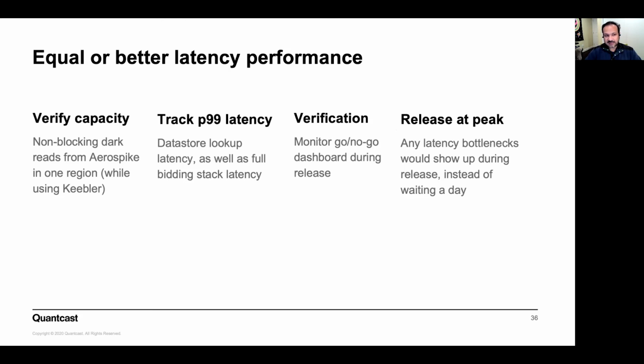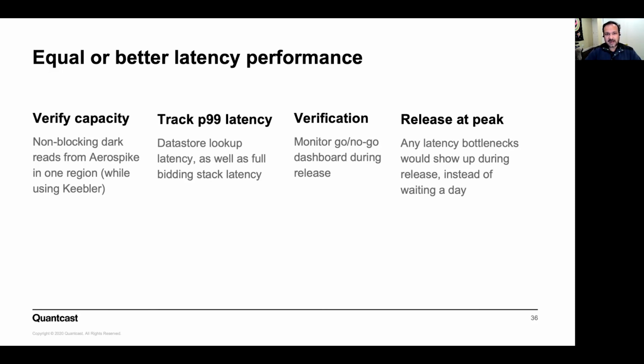So the Mux client would make a call to Aerospike, but would not wait for a response back. This way, Aerospike would get the full flow of the read traffic from our clusters, but at the same time not have an impact if it failed for any reason. This way, we were able to verify that we had sized the Aerospike cluster correctly, and that we would be able to handle the amount of load coming in from our clients.